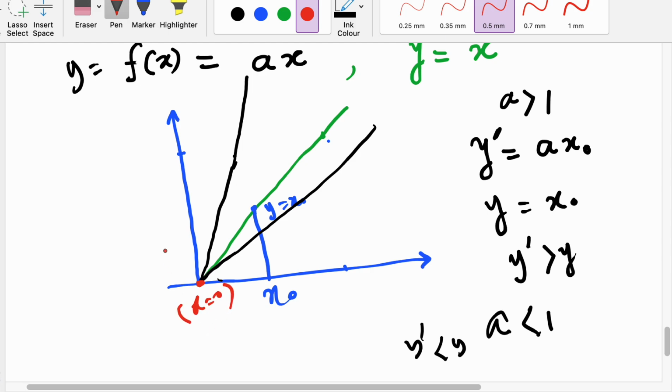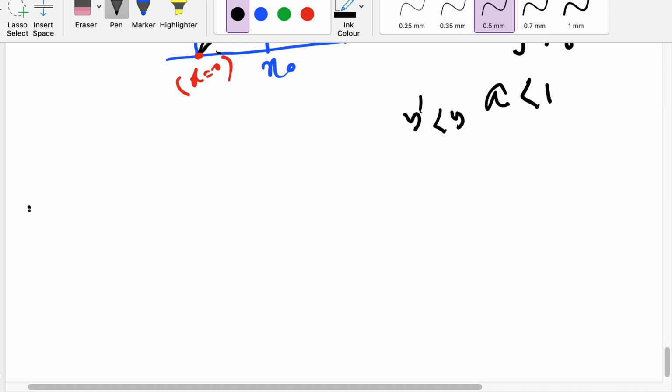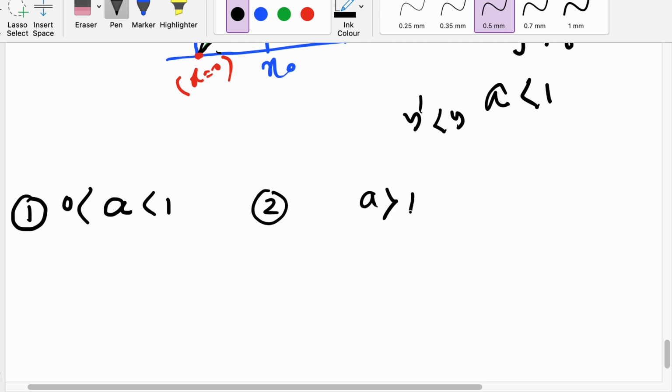Now let us see by using a cobweb diagram what is the behavior of this linear map. What could be the possible cases? There are 4 possible cases. One is a between 0 and 1. Second case is a greater than 1.